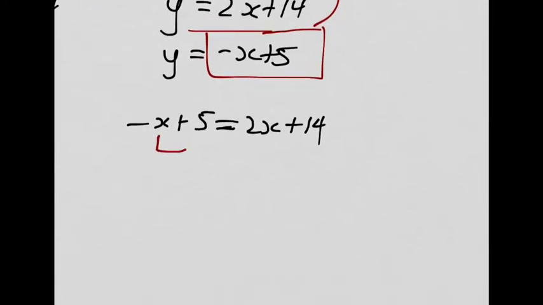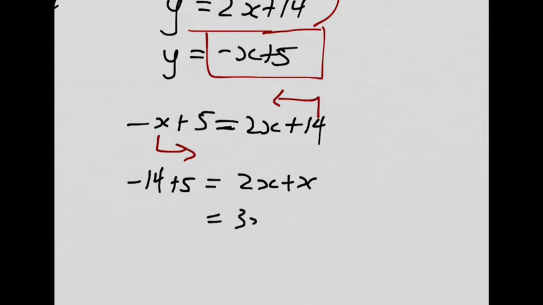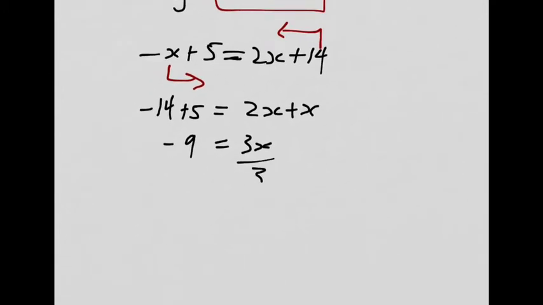And let's see, I'll bring the x over, bring the 14 over. That gives me negative 14 plus 5 equals 2x plus x. So that's 3x equals negative 9. Divide both sides by 3. X equals negative 3.